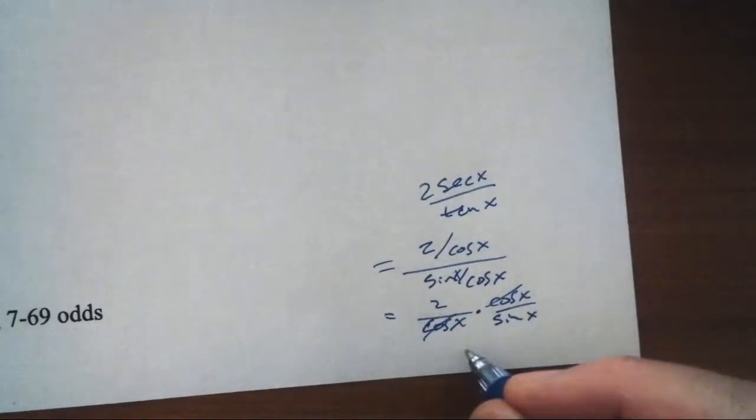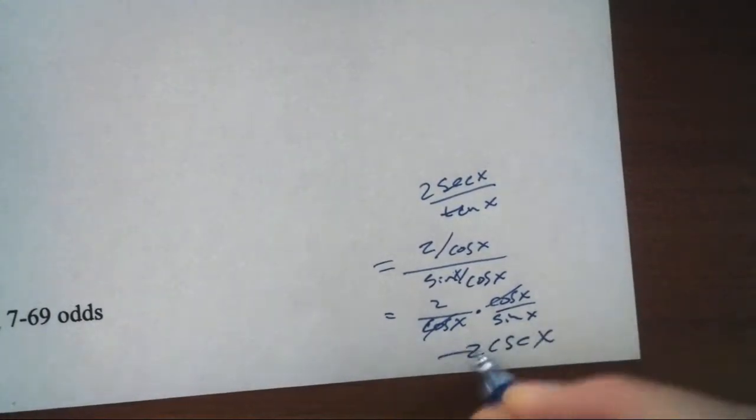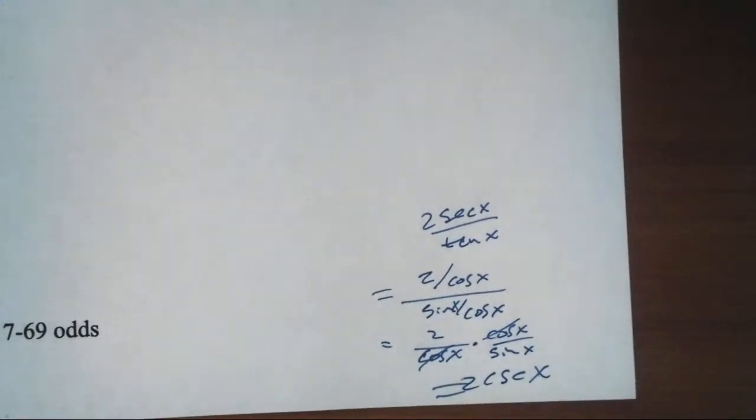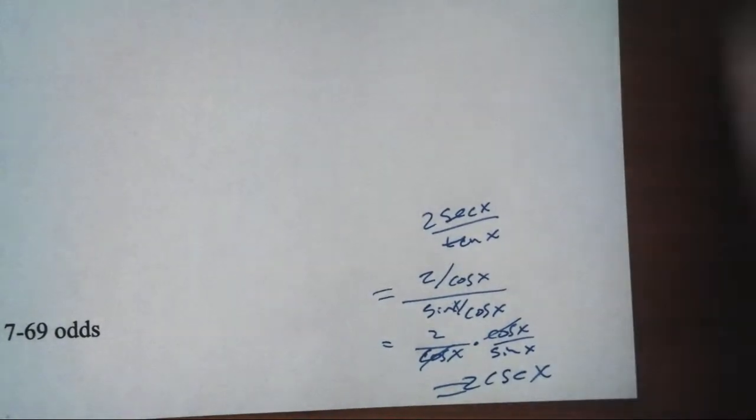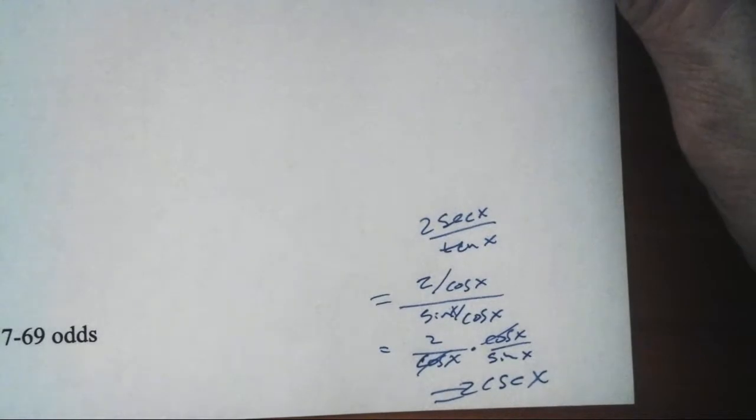Cosines cancel. 2 on sine, holy cow, 2 on sine is 2 cosecant of x. Apologize for running out of room there. Didn't pre-do this problem, but perhaps you can find a quicker way to there. But we're not going to be able to simplify beyond that, 2 cosecant x.